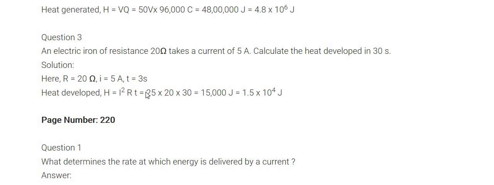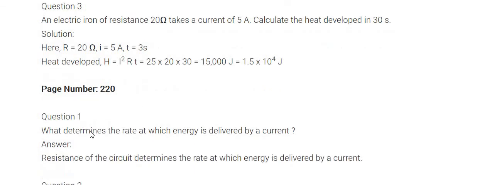As we have the formula, the heat energy H is equal to I squared R T. I squared is 5 into 5, so 25, R is 20, and T is equal to 30. So we get 1.5 into 10 raised to 4 joule. So this much energy is generated.